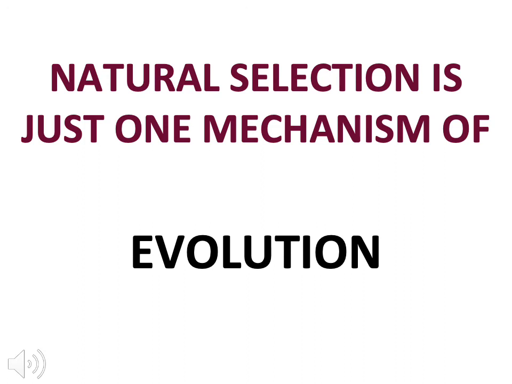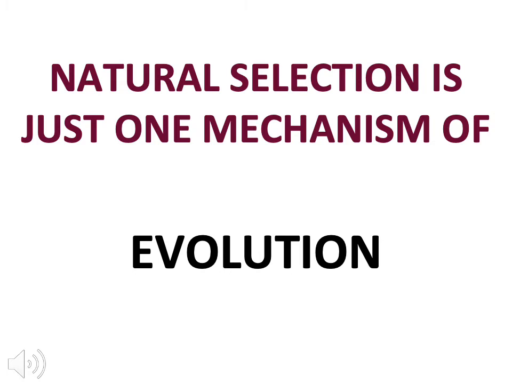We have been focusing on natural selection as the mechanism of evolution. To be accurate, natural selection, while it is the primary mechanism of evolution, is not the only mechanism of evolution. See, evolution is change. Genotypic and phenotypic change in a population, anything that triggers phenotypic change or genotypic change in a population qualifies as a mechanism of evolution.